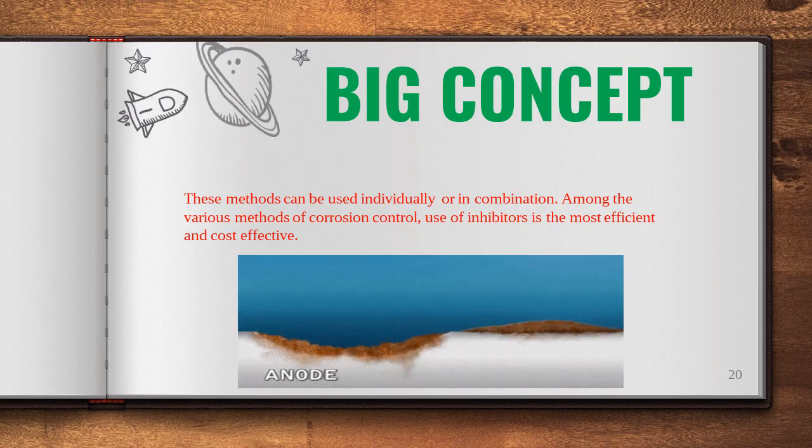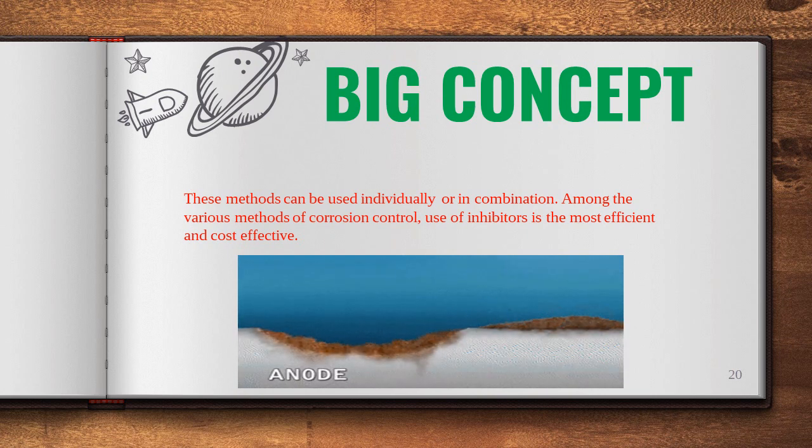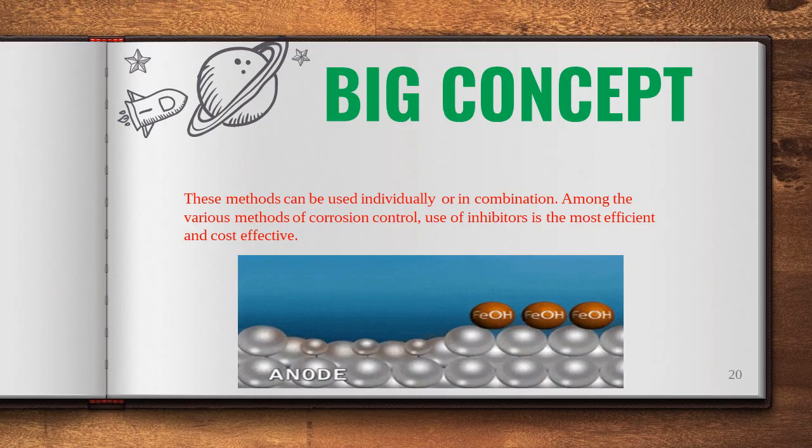Among the various methods of corrosion control, use of inhibitor is the most efficient and cost effective.